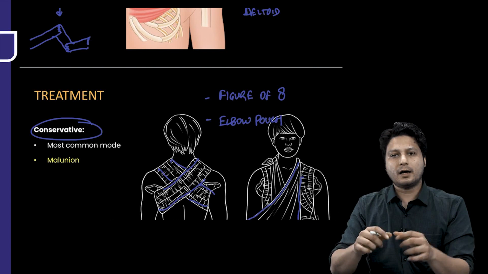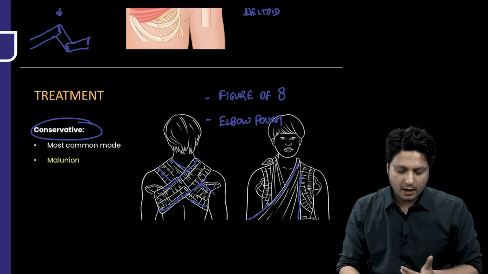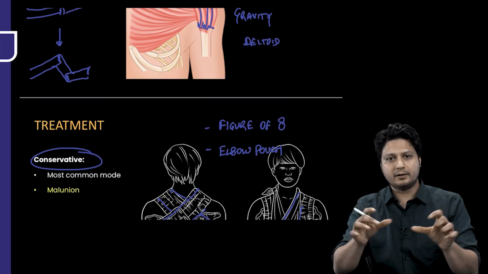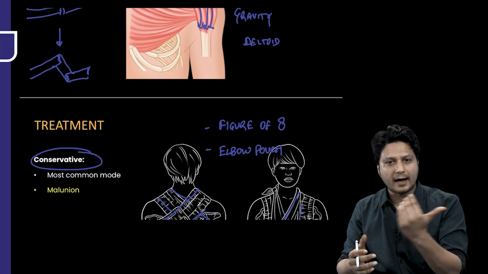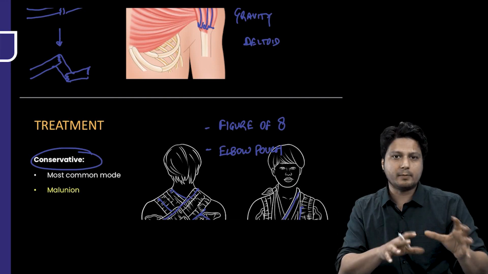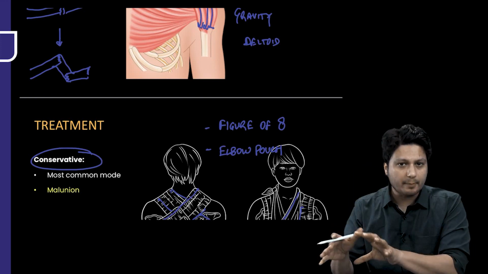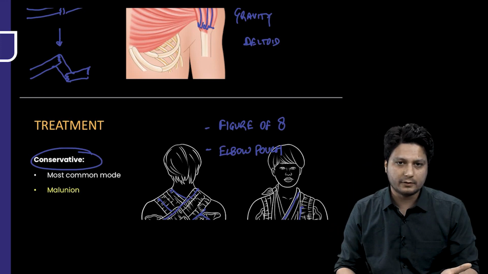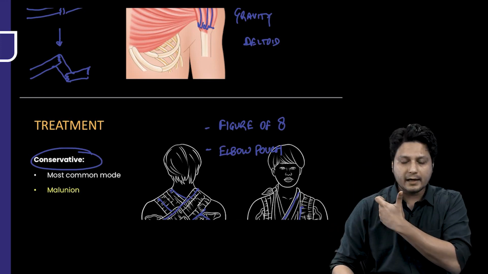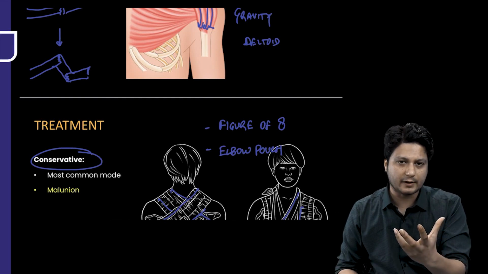So the associated complication related to this management is malunion, because in whatever displaced position the bone is kept, it has to unite in that region over a period of time. There will be a loss of contour, a loss of anatomical integrity, a loss of the original anatomical shape of the bone, which will result in malunion. And it will appear like a bump, like a prominence, at the site of the fracture.